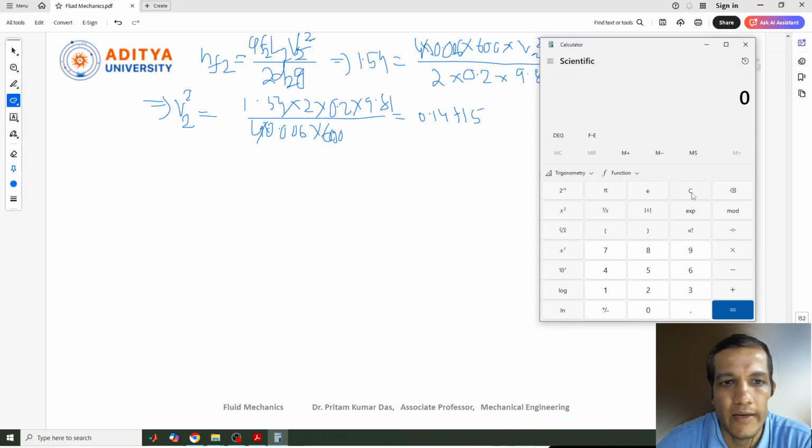Let's calculate again. V2 square equals 1.54 into 2 into 0.2 into 9.81, divided by 4 into 0.006 into 600.